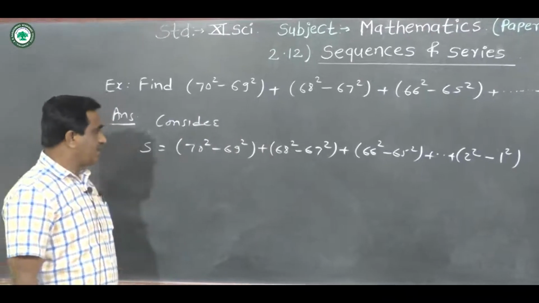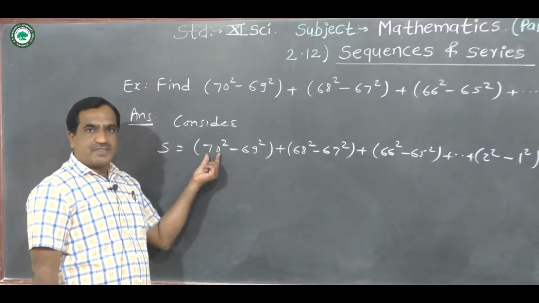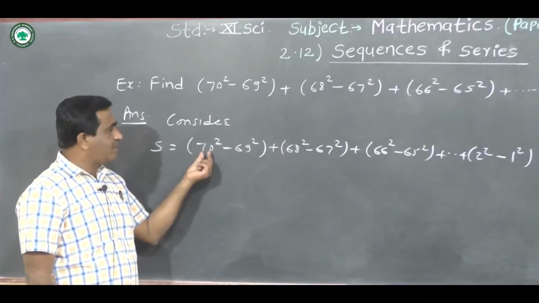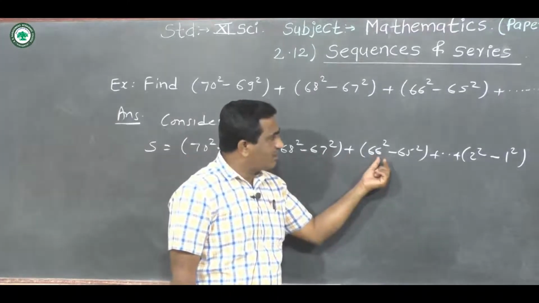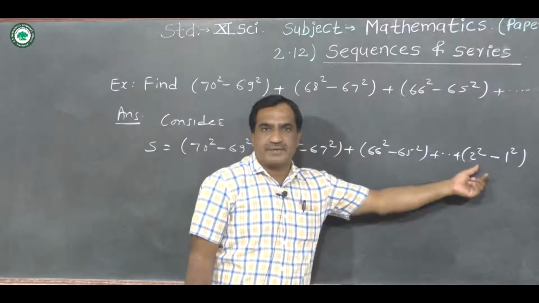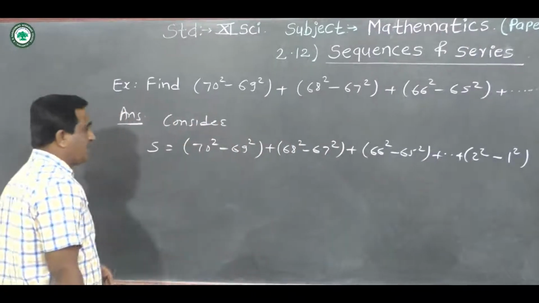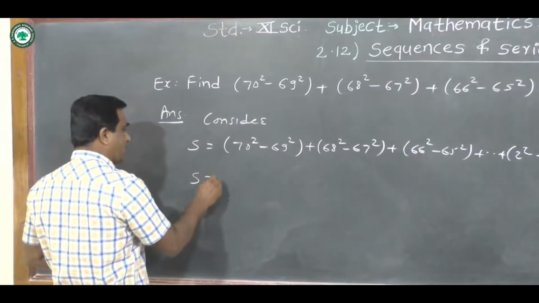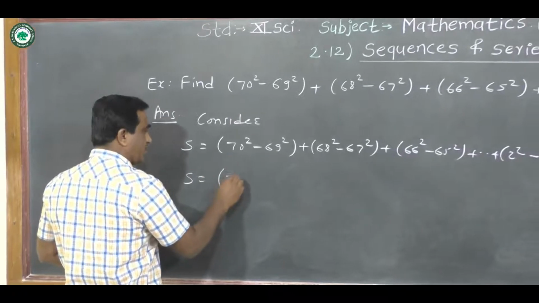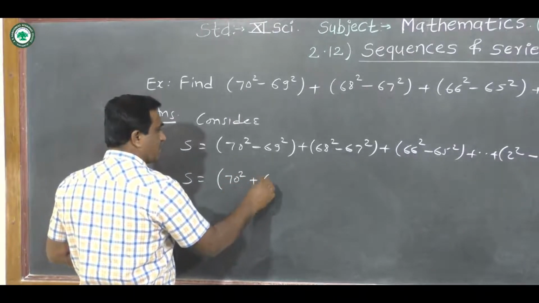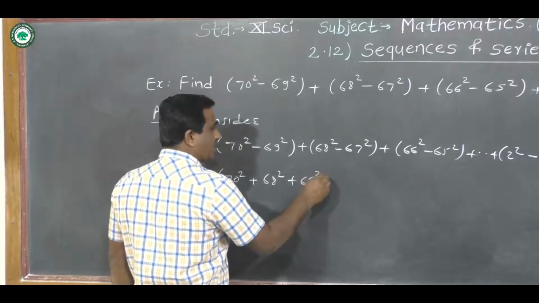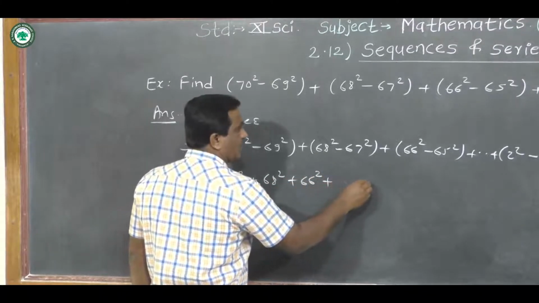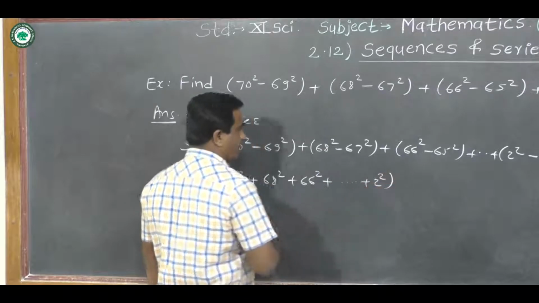Now we can take the even terms from each bracket in one bracket: 70 square plus 68 square plus 66 square plus 2 square. Therefore we can write here S is equal to, in bracket, 70 square plus 68 square plus 66 square plus and so on plus 2 square.